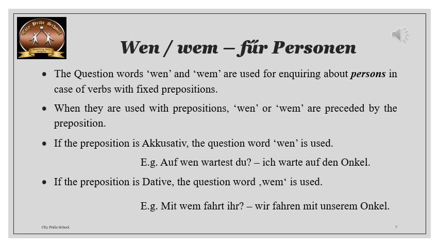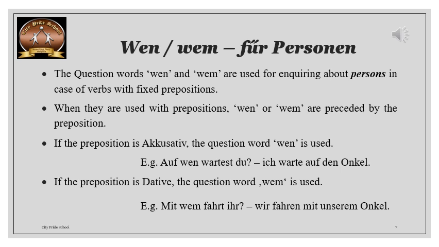Here, Onkel is the person and warten auf is a verb with fixed preposition which always takes accusative case. So as it is taking accusative case, we have written auf wen. Wen is the question which we always use for accusative, and wem is the question which we always use for dative. If the preposition is dative, then the question word wem is used.